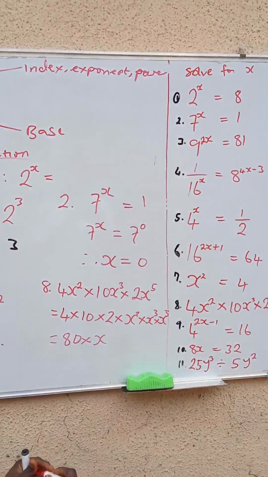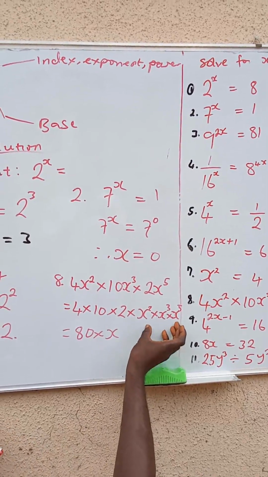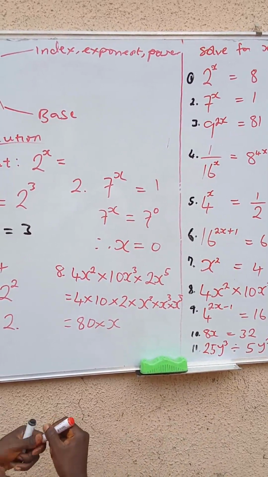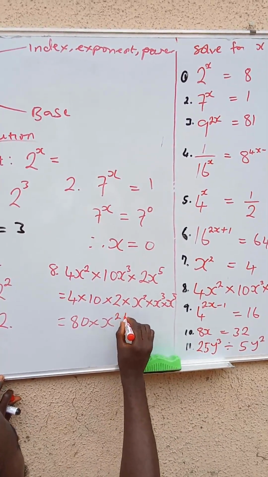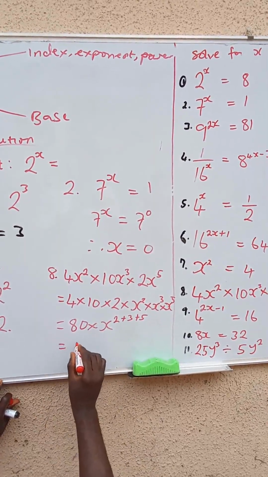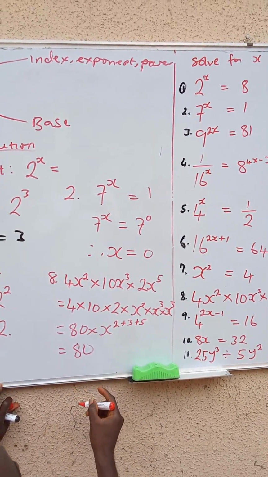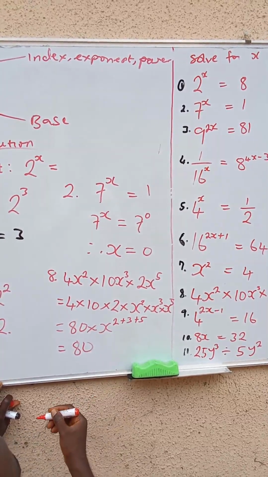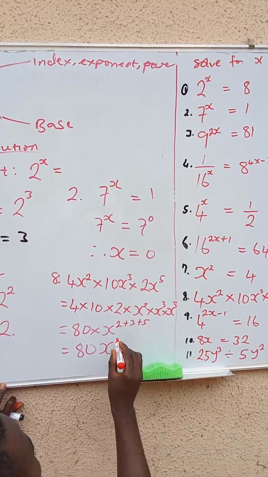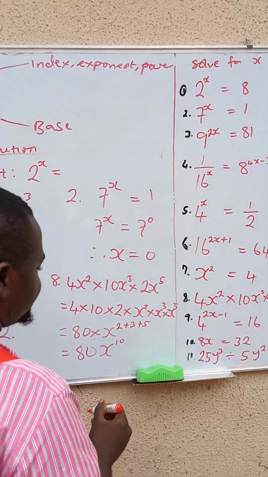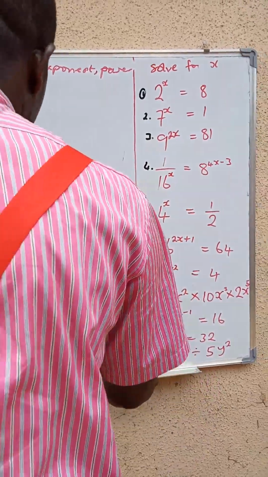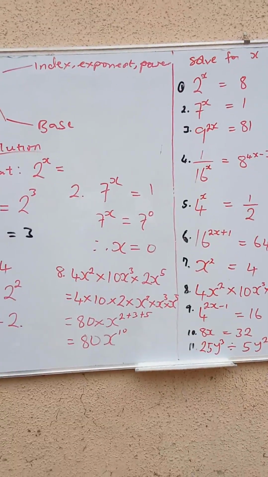Now, in the multiplication law, they say that when they are multiplying themselves, you add the powers. That is 2 plus 3 plus 5. 2 plus 3 is 5, then 5 more, that is 10. So it is 80x raised to the power of 10.